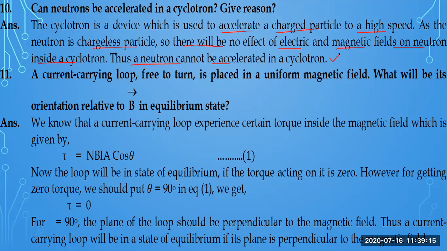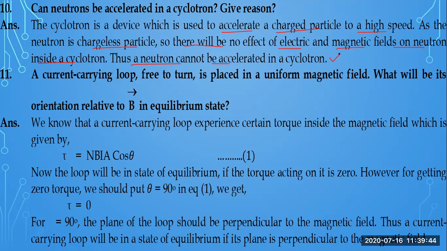So this was the question: what will happen if you enter a neutron inside a cyclotron? Give a reason. Will it experience a force, or will it not experience any type of force? The answer is it is a device which is used to accelerate charged particles only, because the neutron is chargeless.